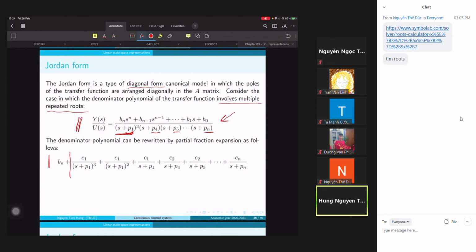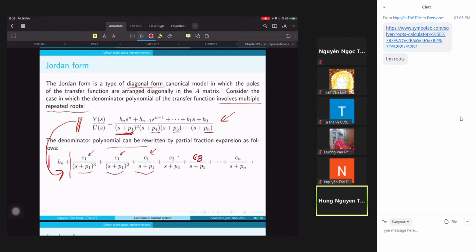So in this case, we can represent the polynomial form like this, with p1 cubed, p1 squared, p1, so c1 is repeated 3 times, and then we have c2, c3, up to cn. So we can represent the system like this.